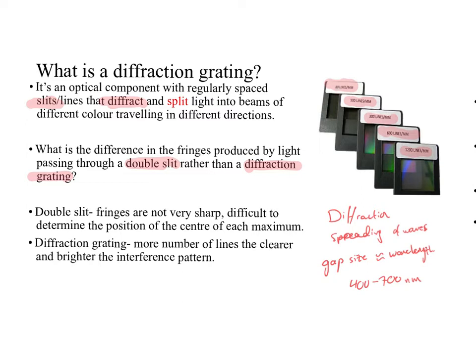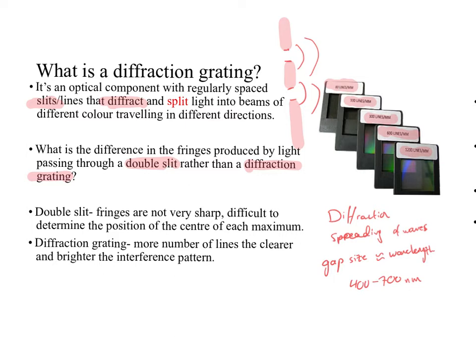So remember that if you pass light through a diffraction grating or even a double slit, the slits actually act as two coherent sources, which allows the wave, so if we're talking about the wave fronts or even the ray beams, they will spread out from those two sources. Now, if you have more than that, obviously you will have a clearer and better interference pattern created.